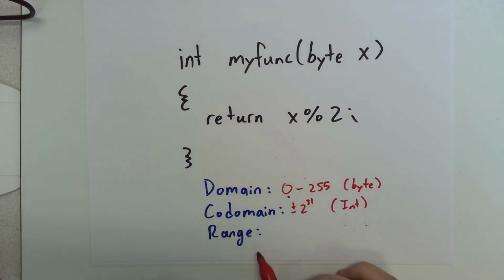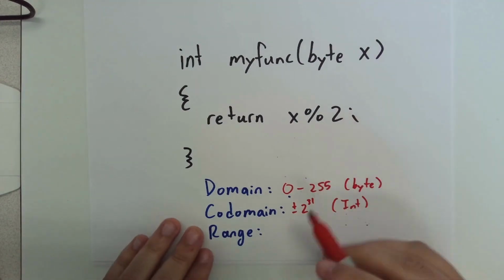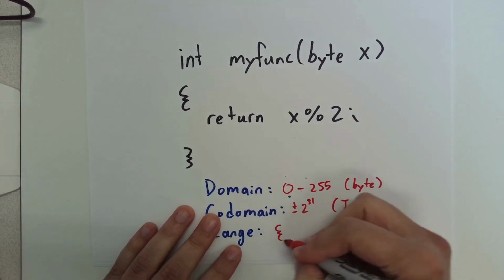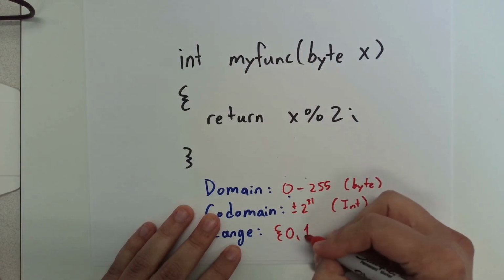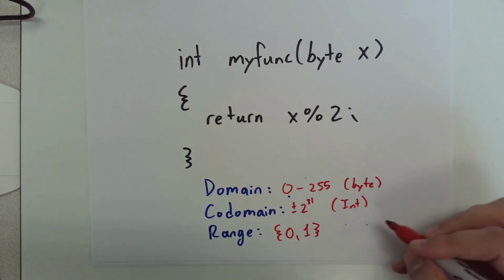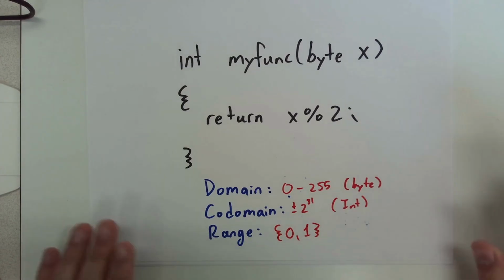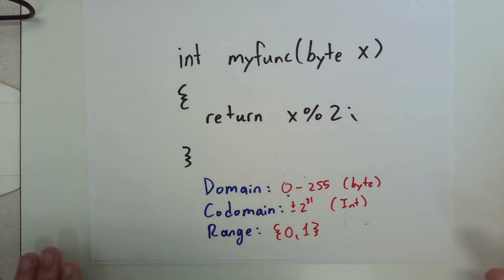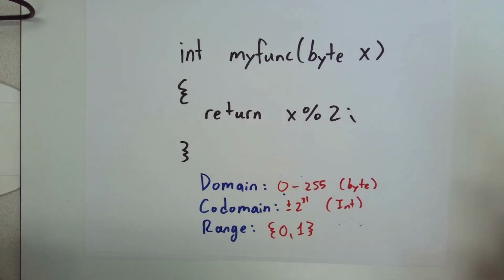But what is the range? What is this thing actually returning? If it's modulus 2, the only thing it's ever spitting out is zeros and ones. You could at that point say it's maybe returning a bool if you wanted to, but not to get into the semantics of any particular programming language.